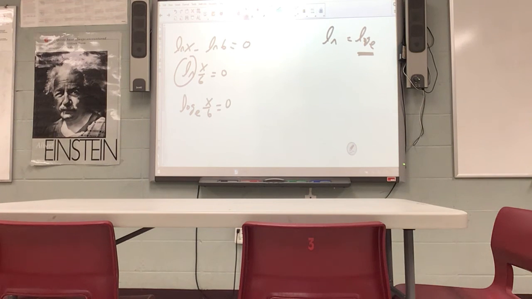So now we got a base of e, an exponent of 0 is equal to x divided by 6. Looks horrible, but it's really not, because anything to the 0, even e, is 1. My variable's being divided by 6, so I'll multiply by 6. 1 times 6 is 6, which was A.